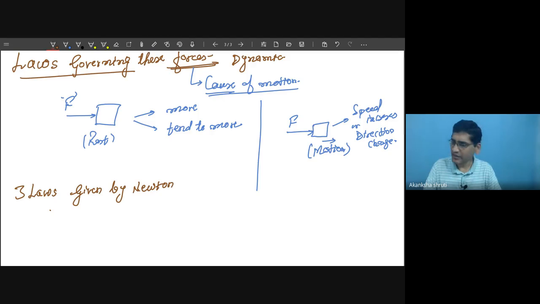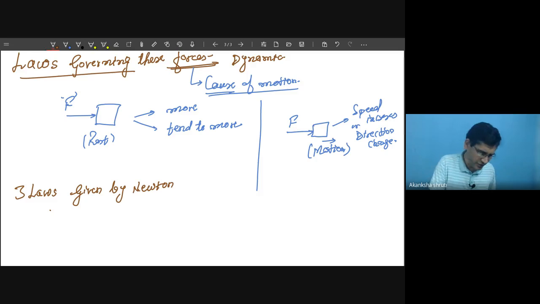This thing. The third law tells that when a force is applied on a body, then automatically a reaction force is generated over the applied system. Say you are pushing with your hand, then automatically the wall will apply a force on your hand. It is called the third law.